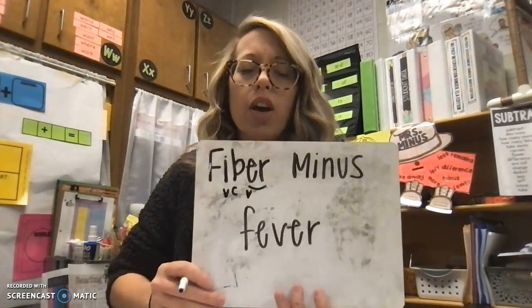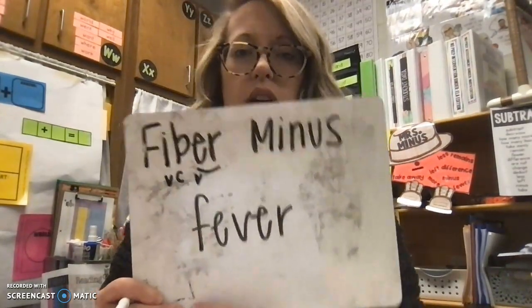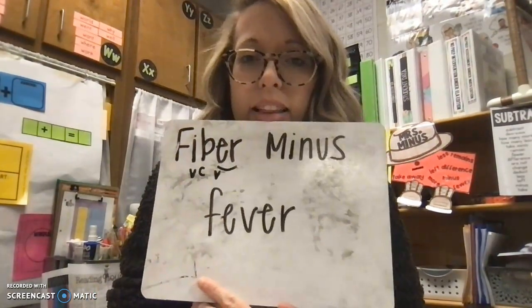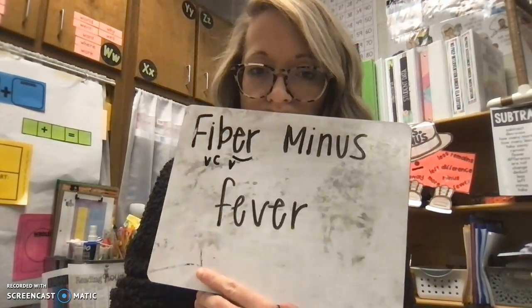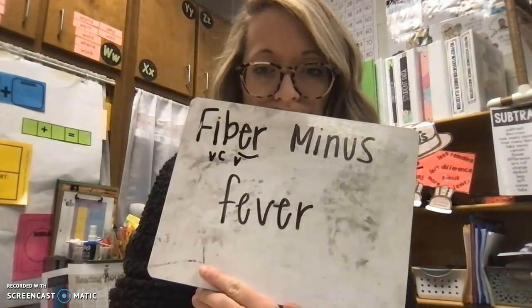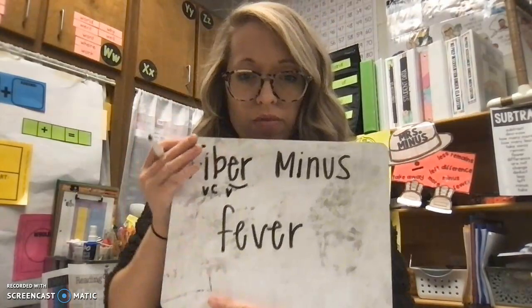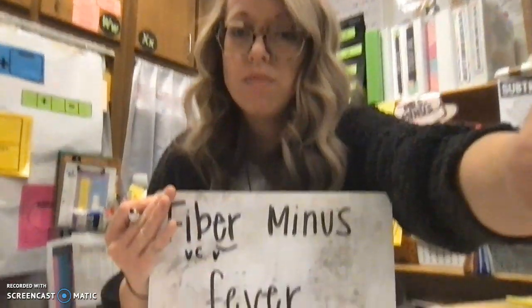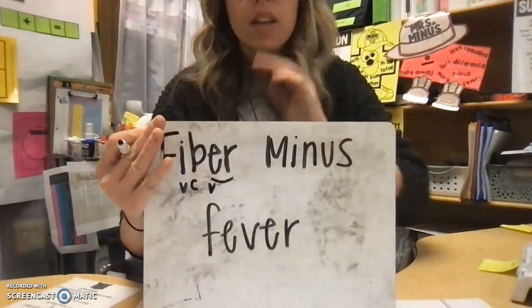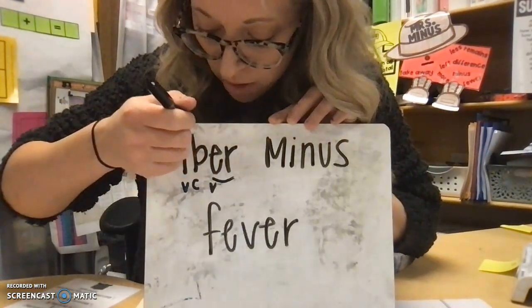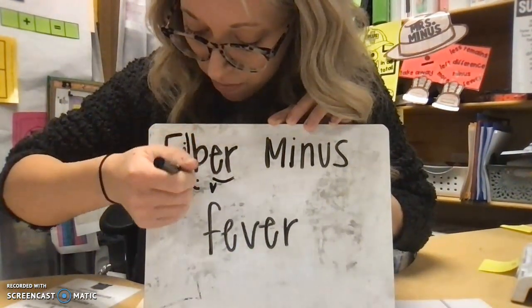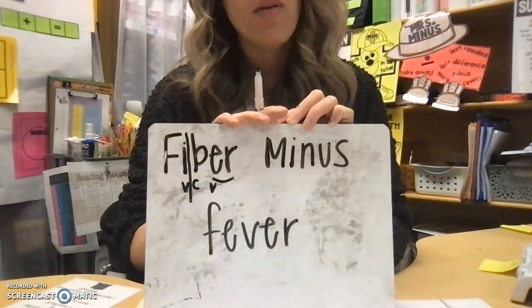Do you remember where we code the vowel syllable division line? Where do we put that line? Yeah, I put that line right there in front of my first V, so I'm going to draw that line right there. Now I can code the vowels.